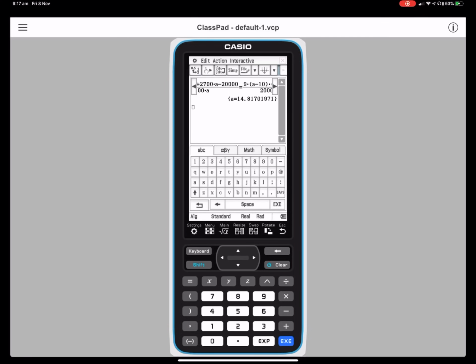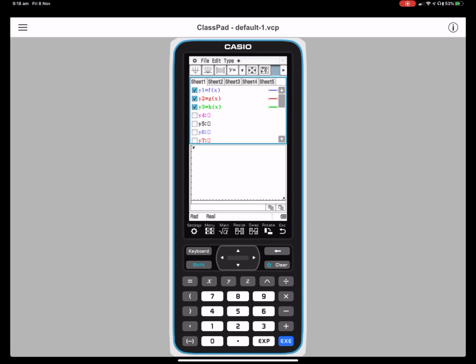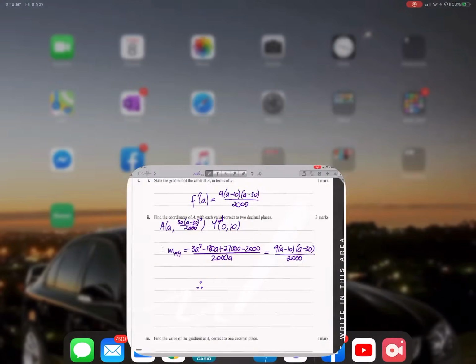So that means if I sub, given A equals 14.81, negative 3.29, and then if we do the same here, that seems to be right, I think. 14.81. Have I stuffed anything up?